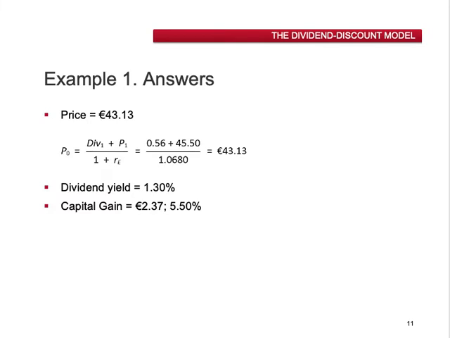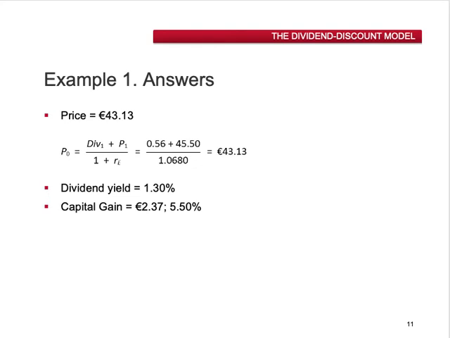At this price, biotech's dividend yield is the first dividend payment, which is 56 cents, divided by the current stock price at T0, which is 43 euro and 13 cents, gives us a dividend yield of 1.3%. The expected capital gain is the expected share price at T1, which is 45.50, less the current share price at T0, which is 43 euro and 13 cents, gives us a capital gain of 2 euro and 37 cents.